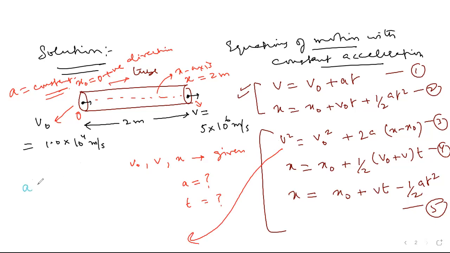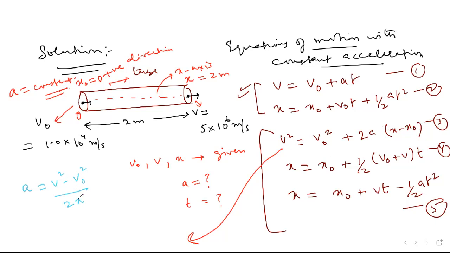You get V square minus V naught square is 2A into X minus X naught. X naught we are taking 0. So A will be V square minus V naught square over 2X.